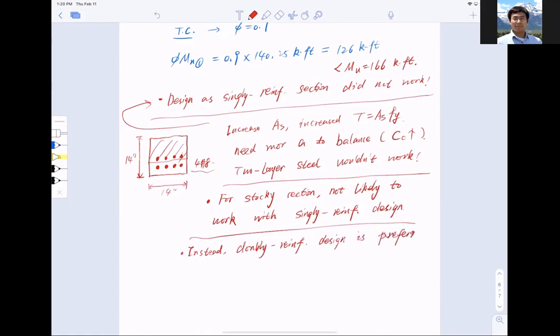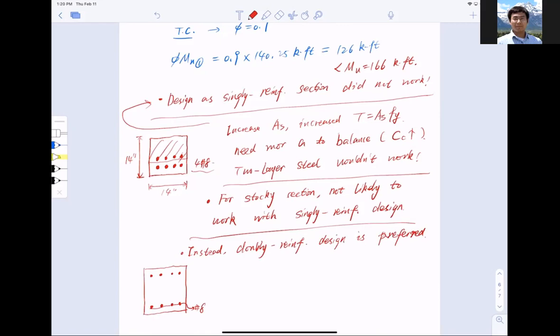Okay, so we end up with a design where I can put 2 rows of bars, and this is still assuming I can put 4 number 8 bars, which still need to be checked. But anyway, number 8 on top or on the bottom of the section.